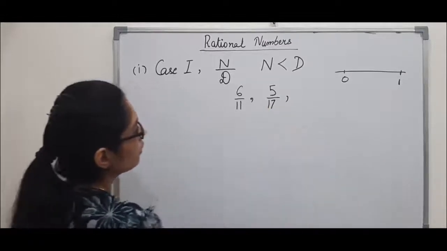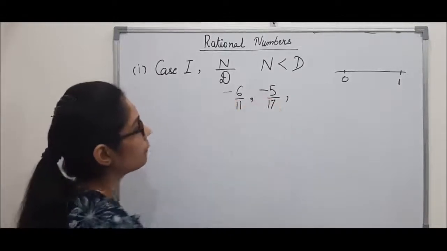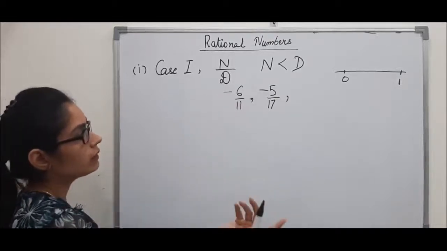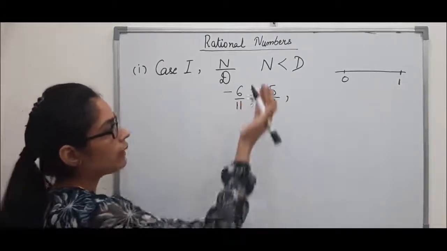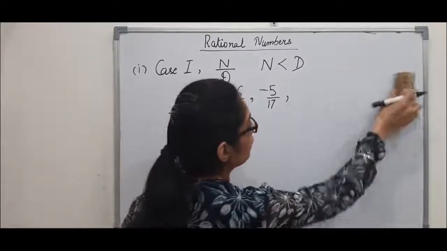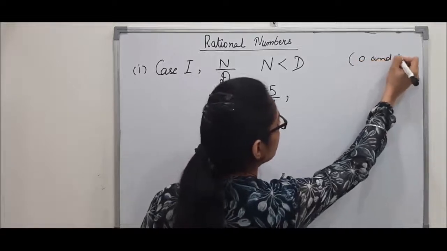But we do have a case when the number is written with a minus sign. It will be like minus 6 by 11, minus 5 by 17. When this minus sign is written, here I will write 0 and 1.